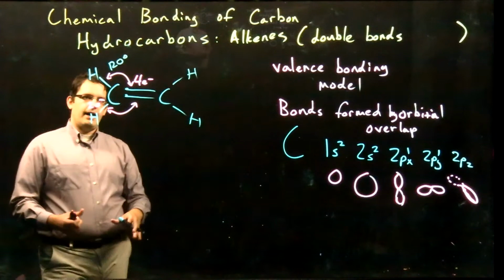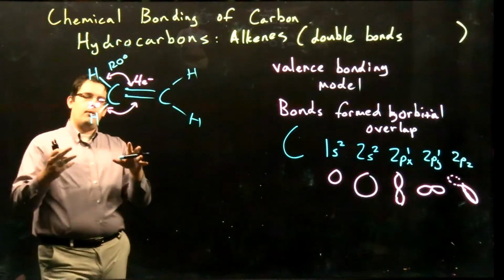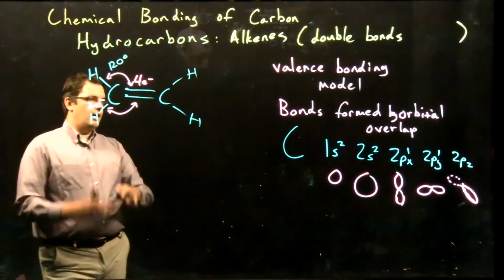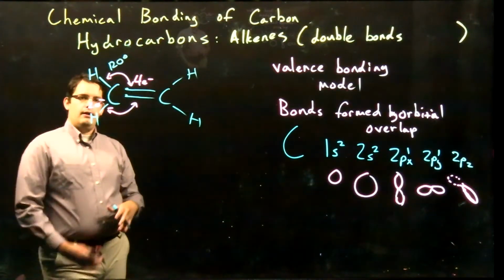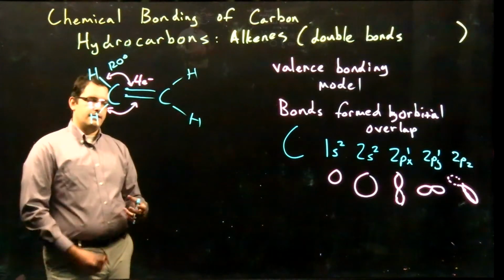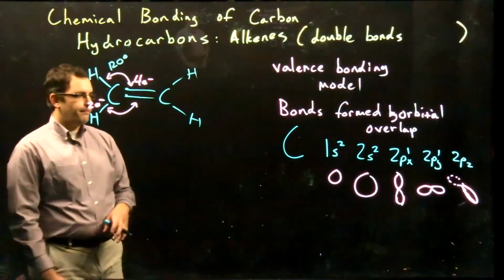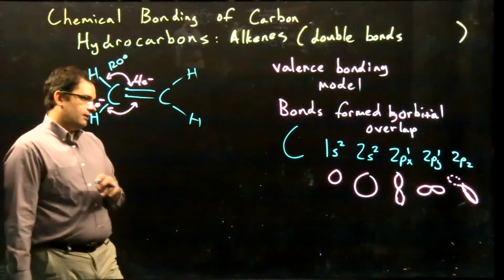Right? So we actually have this flat shape where each of our bonds are pointed as far away from each other, at 120 degree angles, to maximize the distance between our electrons. So that's what our shape is going to look like.